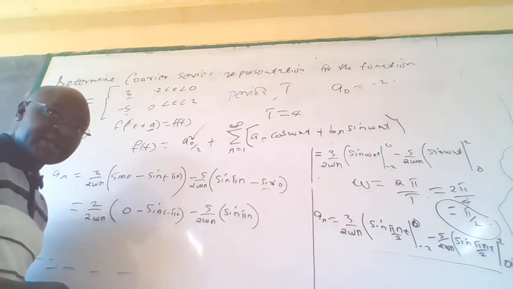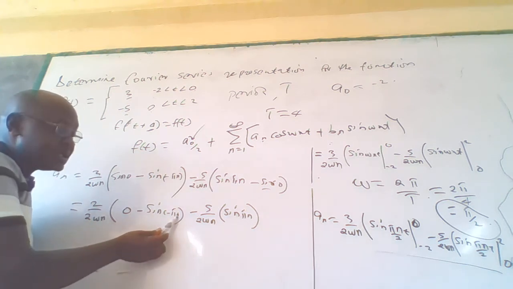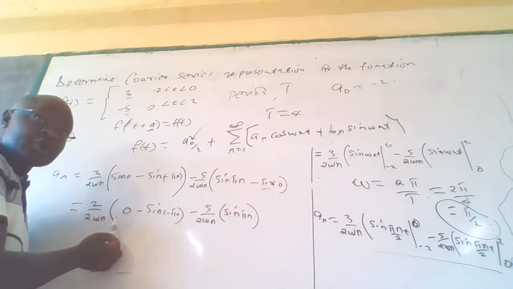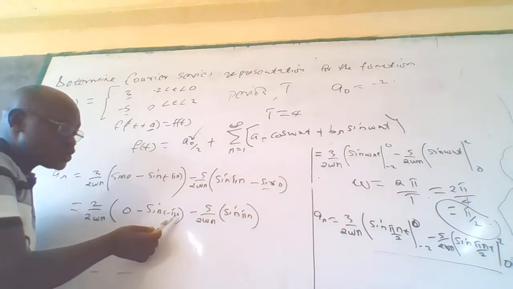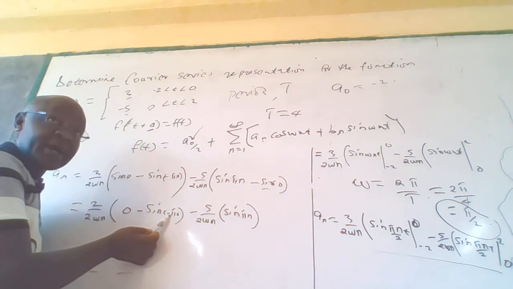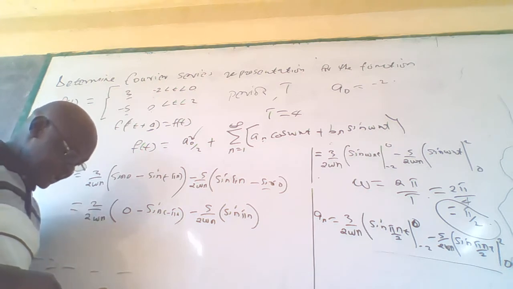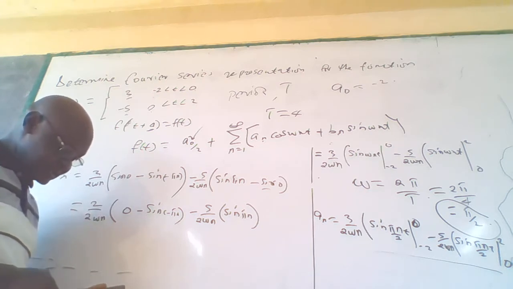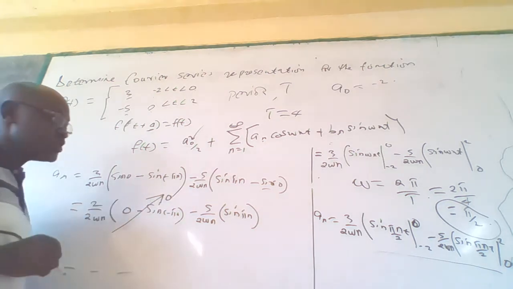Pi is the same as 180, so we get sine negative 180. It will be 0. So when n is odd, this will be 0. We can test again when n is even, say 2. So when n is 2, it will be sine negative 2 pi. 2 pi is the same as 360, so we get sine negative 360, which is 0. Therefore, this will be 0.